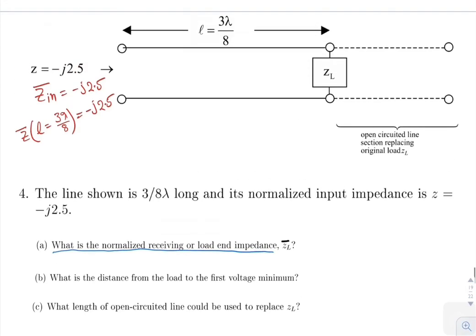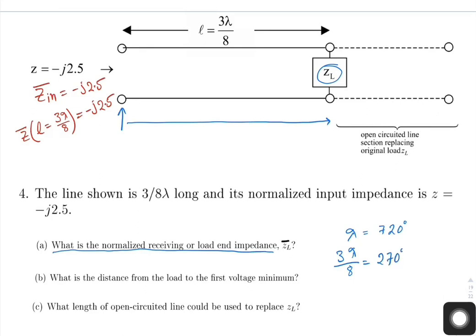Since we know the impedance at this point, we have to travel a distance of 3 lambda by 8 to find ZL bar. We know lambda represents 720 degrees, so 3 lambda by 8 represents 270 degrees, and you have to move towards the load.